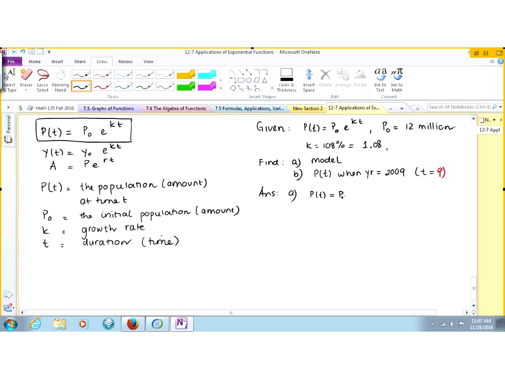Now, let's write down the formula. P of t is P naught e to the kt. So P of t is P naught. Do I know P naught? 12 e to the 1.08 t. Done. This is the model.